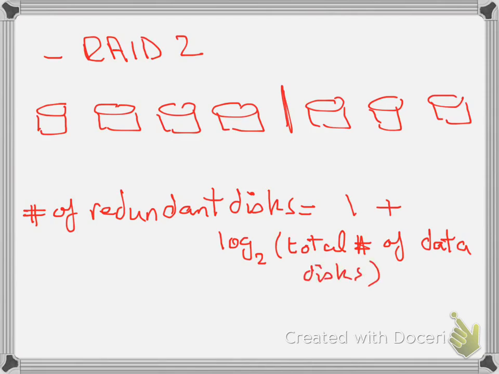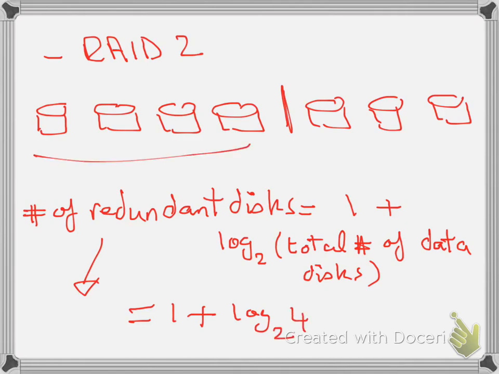Let's apply this here. The number of redundant disks will be equal to 1 plus log 2 of 4. It's 1 plus 2, which is equal to 3. And that's why I have 3 here.